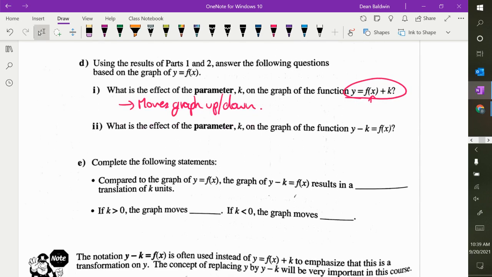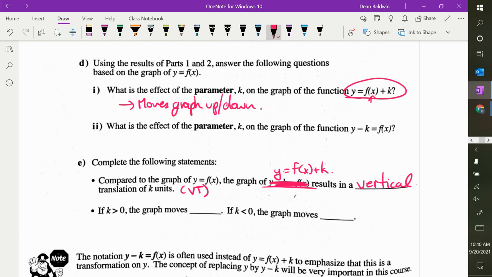The fancy math way of saying it is, I'm going to rewrite this because I hate it when they put the k there. y is equal to f of x plus k results in a vertical translation of k units. You don't have to say vertical translation. You can just say a VT, or understand what that means.